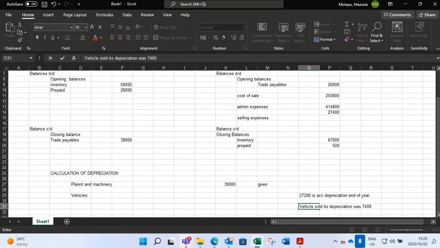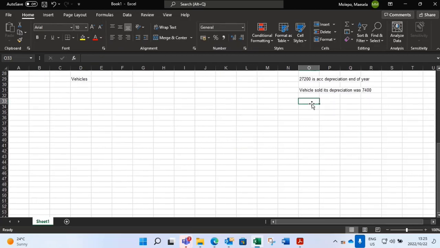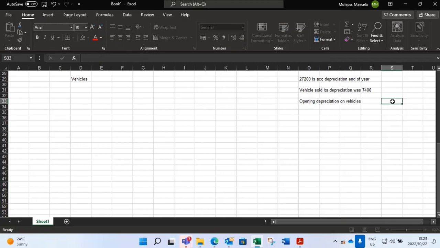So the opening depreciation, and then we less the depreciation which was sold. And then we remain with the depreciation of the current vehicles that are remaining. Okay, it makes sense. So we have opening depreciation on vehicles, which is 10,000, right?